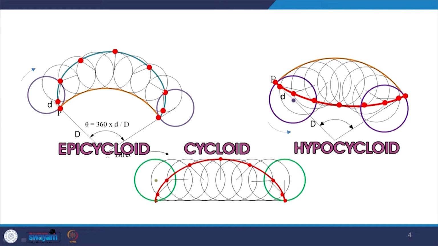However, if the moving circle is inside the circular path, then the path traced by this point on the circumference will be called a hypocycloid.